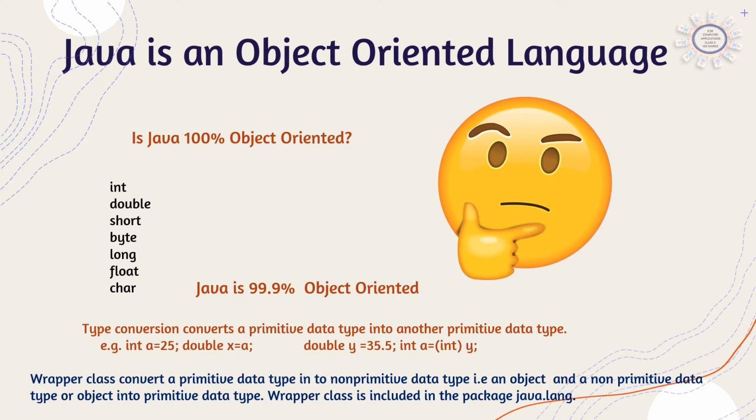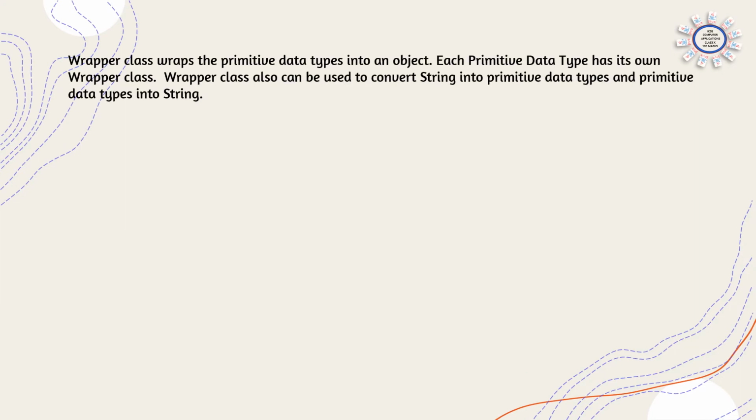And this wrapper class is included in the package java.lang. So by using the wrapper class, we can convert the primitive data types into objects and make Java 100% object oriented. A wrapper class wraps the primitive data types into an object.